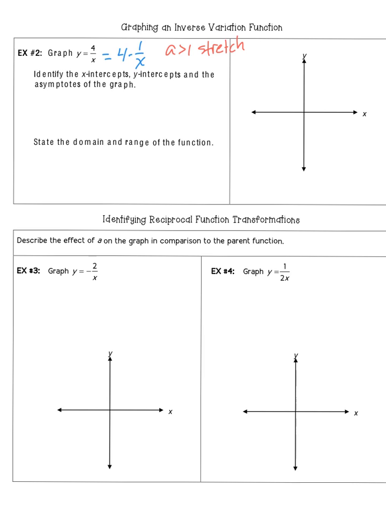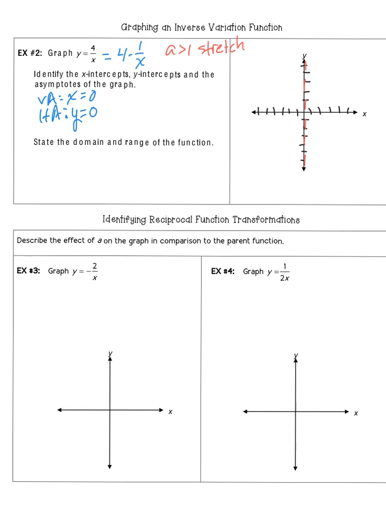So let's state those. The vertical asymptote is going to be x equals 0. Our horizontal asymptote is going to be y equals 0. So we're going to plot those first. Okay, so this is our vertical asymptote.